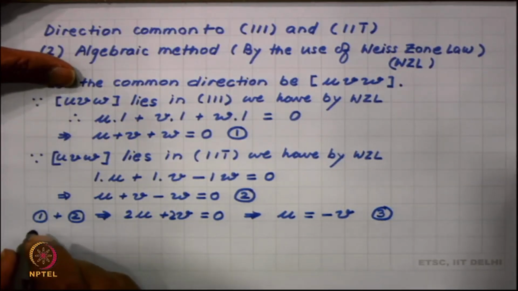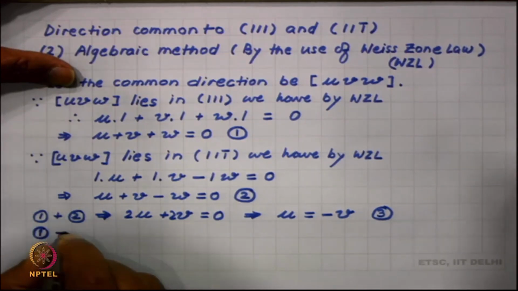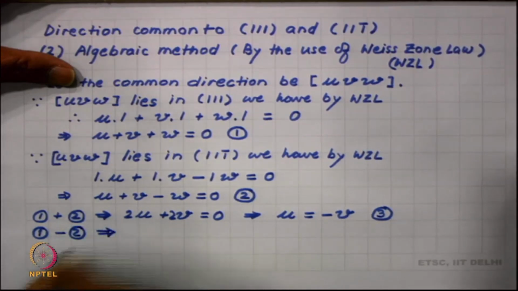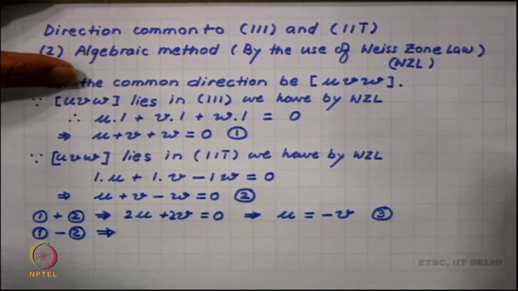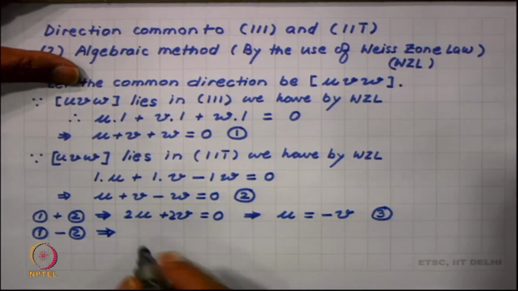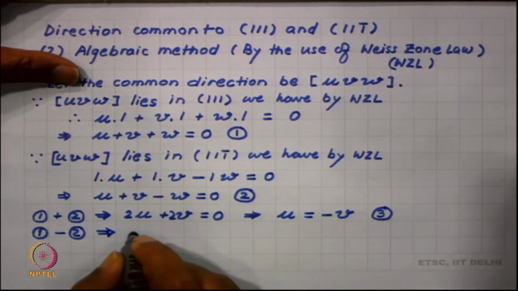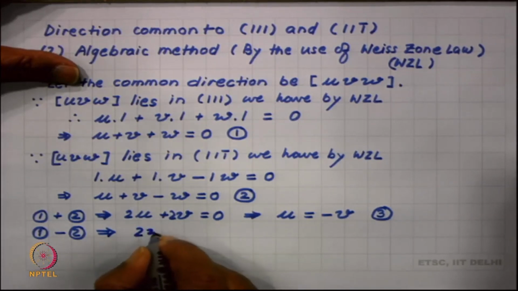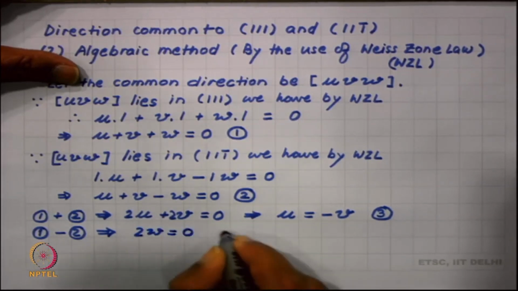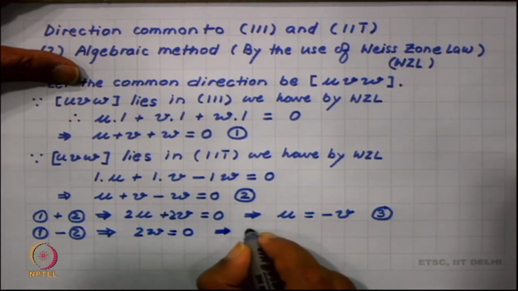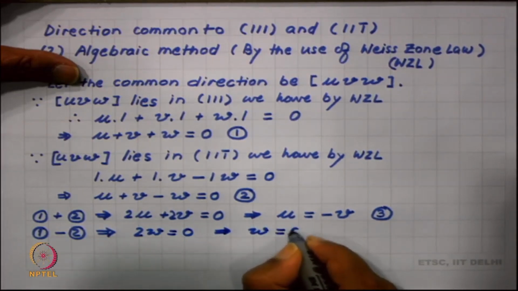and if I subtract 2 from 1, so 1 minus 2 gives me 2W is equal to 0, which means W is equal to 0.